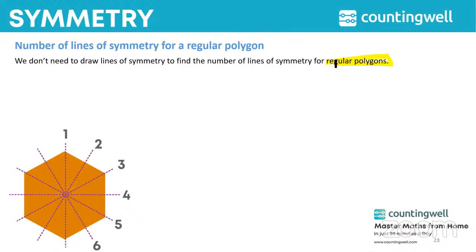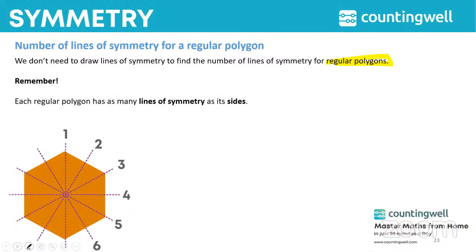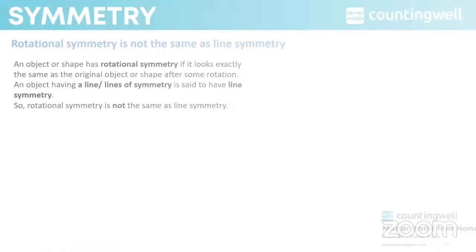If it is a regular hexagon, meaning having all the sides equal, then it is a regular polygon, and the number of lines of symmetry will be 6 for a hexagon. Remember that each regular polygon has as many lines of symmetry as its sides. So a regular hexagon has 6 lines of symmetry.